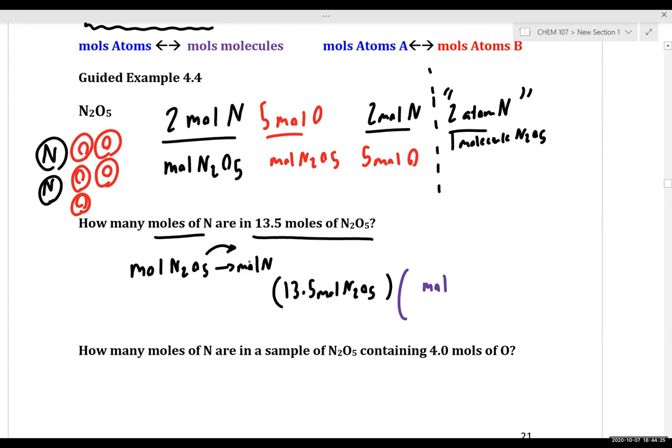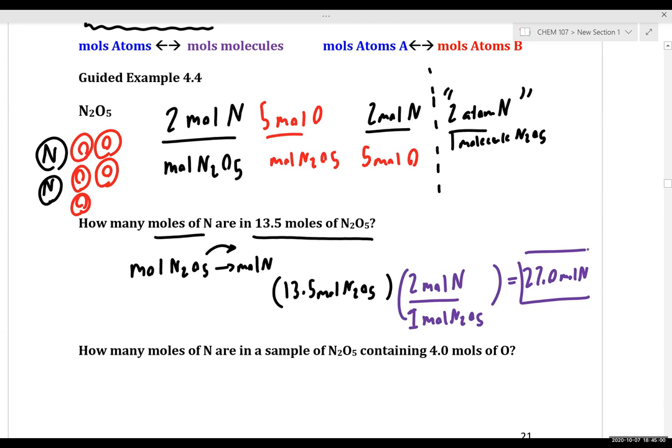The moles of what needs to be on top? If we're going from moles of N2O5 to the moles of nitrogen, we want the moles of nitrogen on top and the moles of N2O5 on the bottom. And we see from our formula, we have 2 moles of nitrogen per every 1 mole of N2O5. And that would give us 27.0 moles of nitrogen.